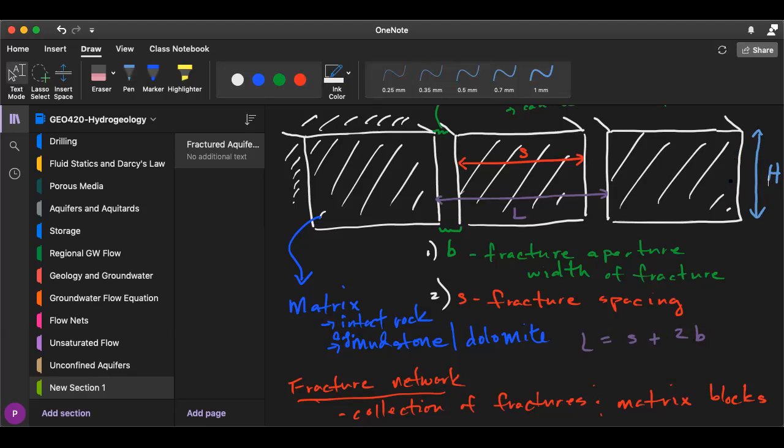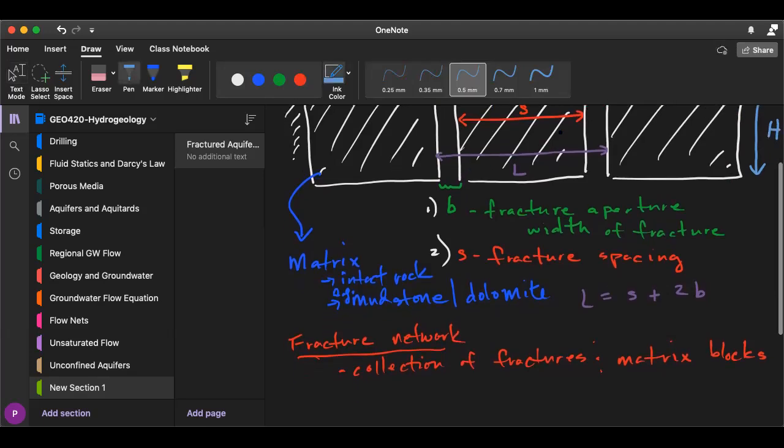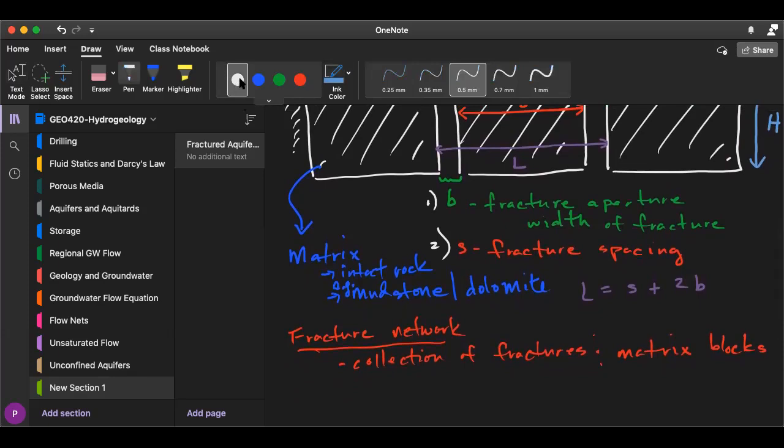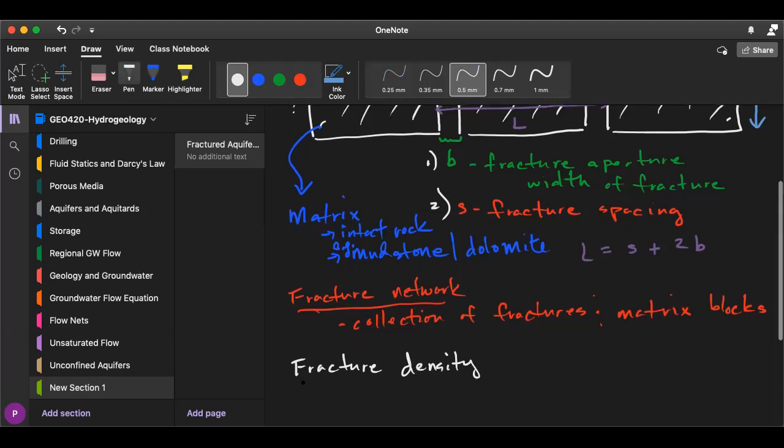And then I'm gonna combine these two into a term that we call fracture density. All right, so fracture density is the number of fractures per unit length.